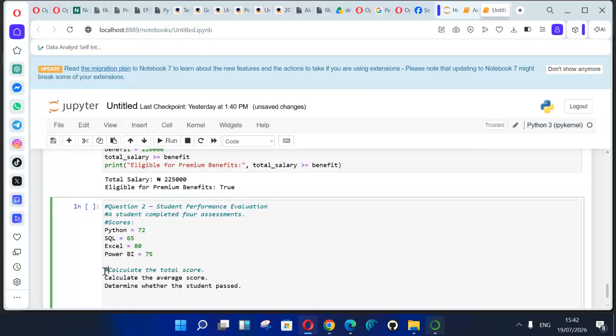So for the first one, we are going to see the total score.